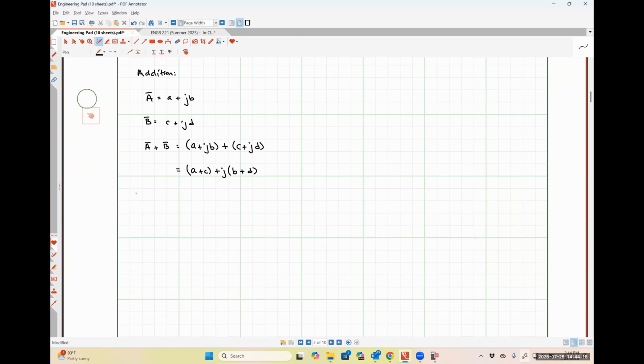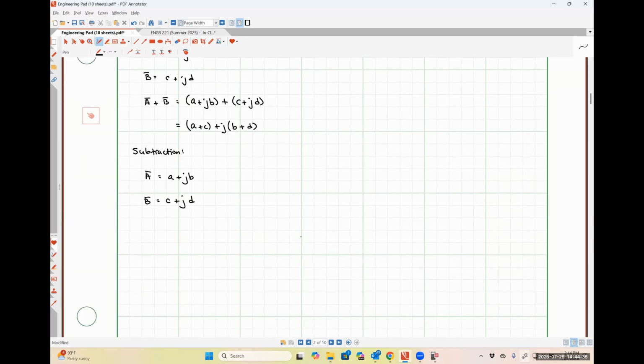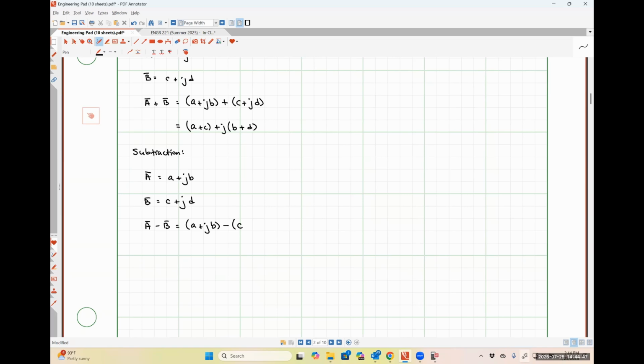Subtraction is literally just addition with a negative sign. So if I use those same complex numbers, A is a plus jb, and B is equal to c plus jd, then complex number A minus complex number B is going to look like a plus jb minus c plus jd.